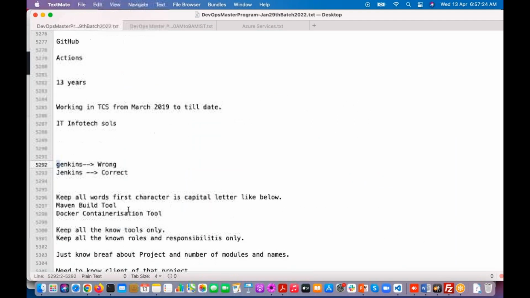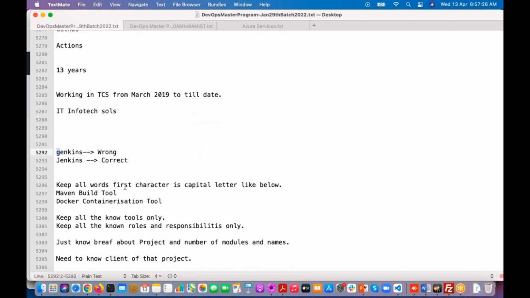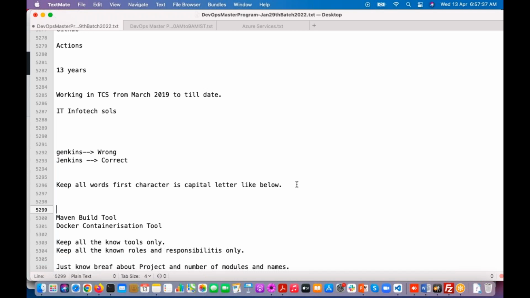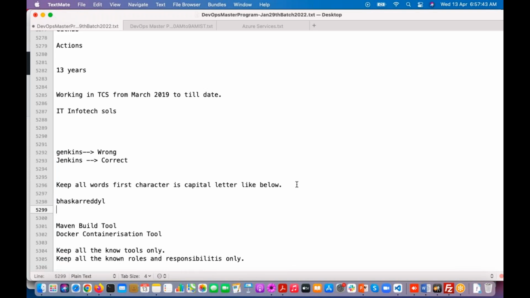Okay. And also keep the first character of all words as a capital letter, like below. Sometimes many guys keep their name like this one, instead of like this one.